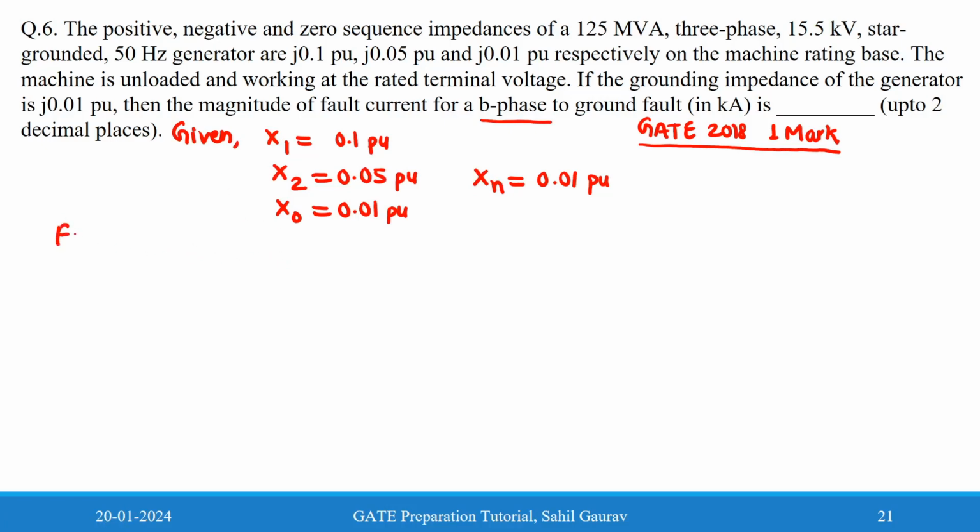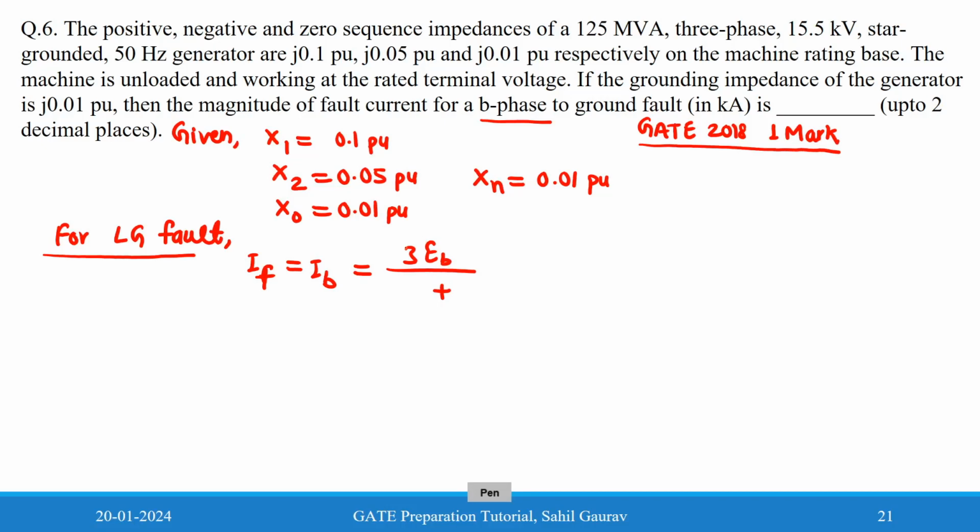So for LG fault, we can write the sequence component currents. IF is equal to 3 times EA divided by X1 plus X2 plus X0 plus 3XN.